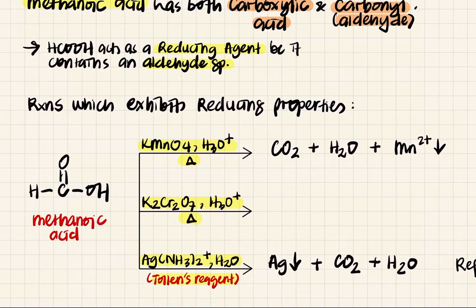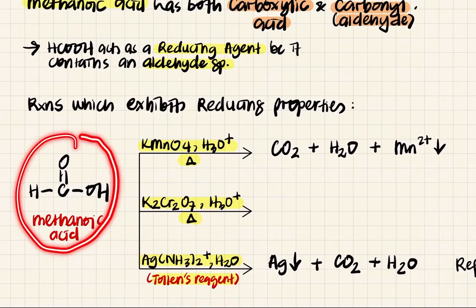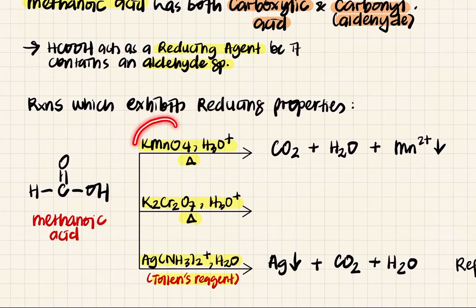Okay, so maksudnya this will be oxidized, okay, into CO2 while, okay, your KMnO4 ni here, okay, so at first dia ada oxidation state of 7. Kalau ini 5, 6, 7.